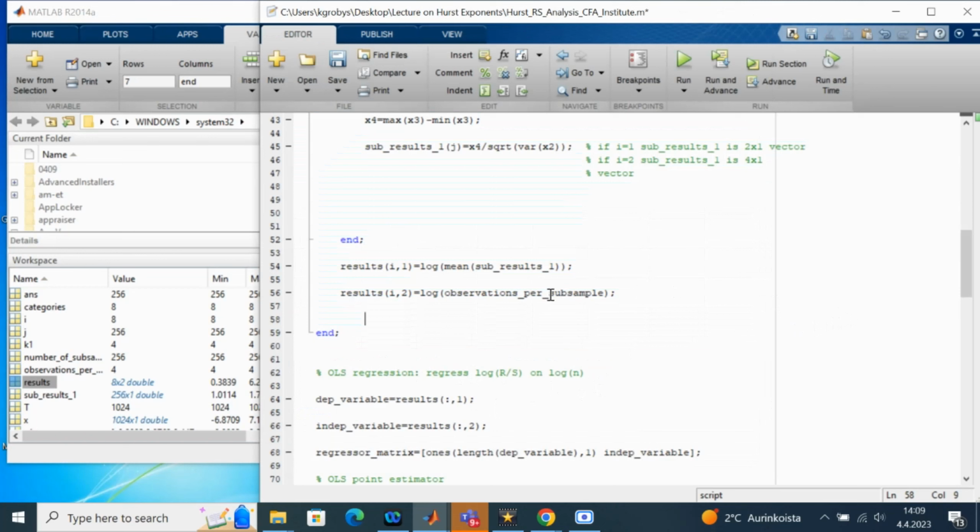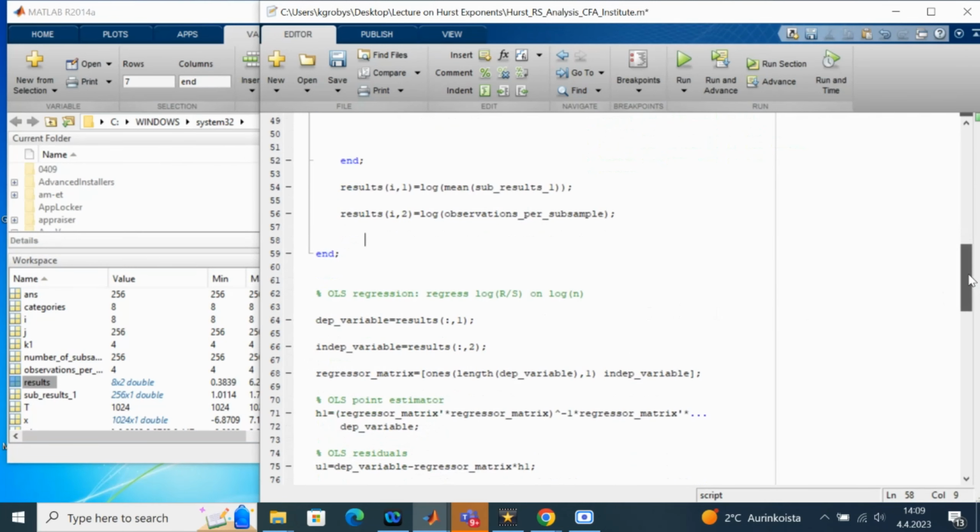So, how do we proceed now? As we discussed in the lectures, we have to regress the logarithm of the average rescaled range statistics on the logarithm of the cluster sizes. We have to do a so-called log-log regression.